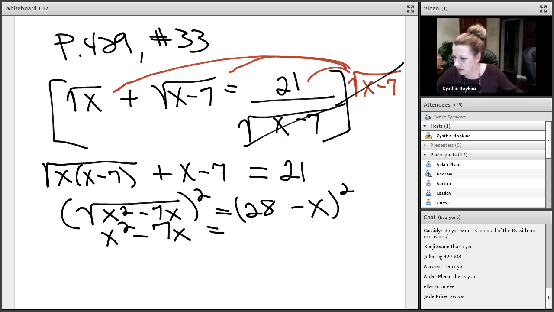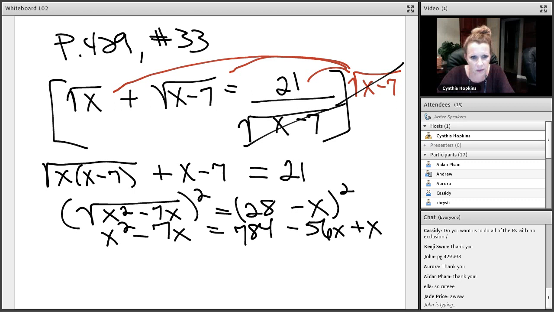On the right side, where's my calculator? I don't know what 28 squared is. 28 squared is 784. 784 minus 56x plus x squared. So at first I was thinking, yikes, I'm going to have some big numbers to have to factor. But look at what happens, you guys. When we subtract x squared from both sides, they cancel.